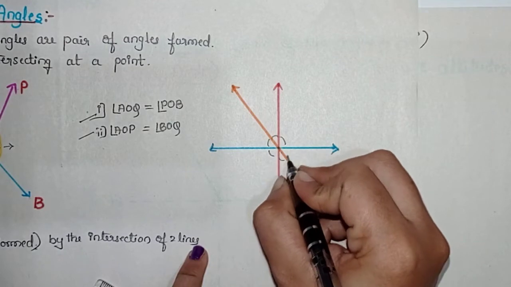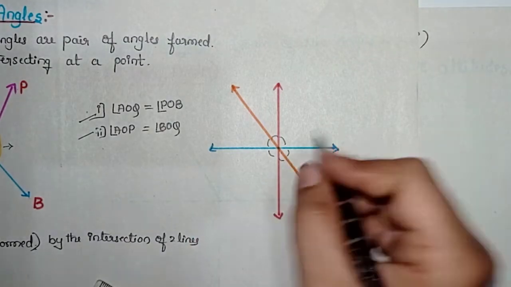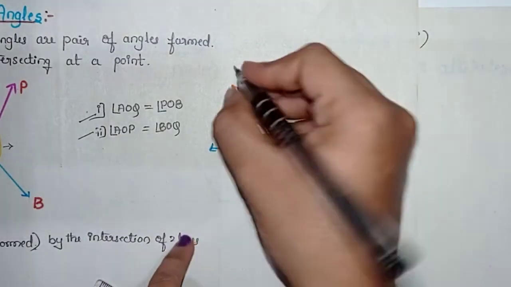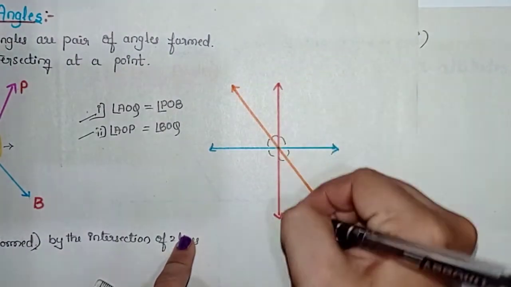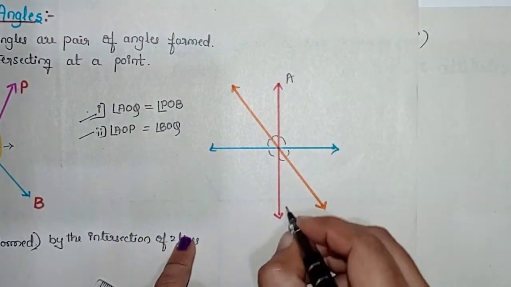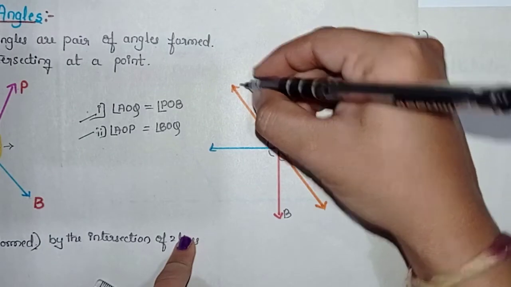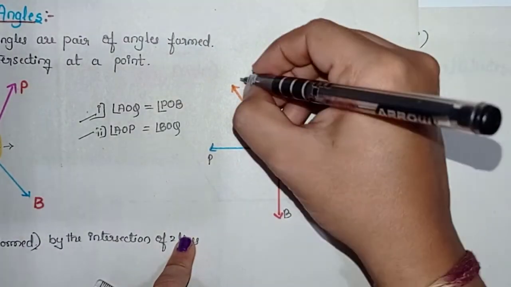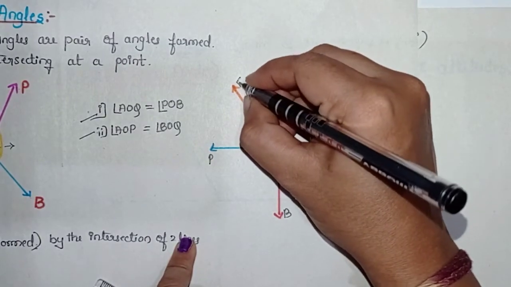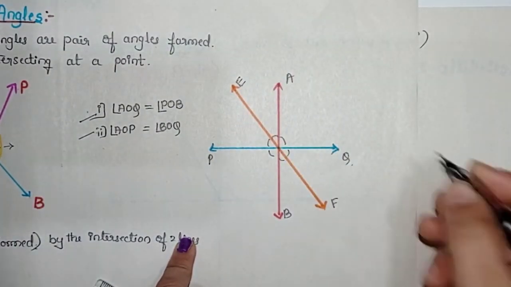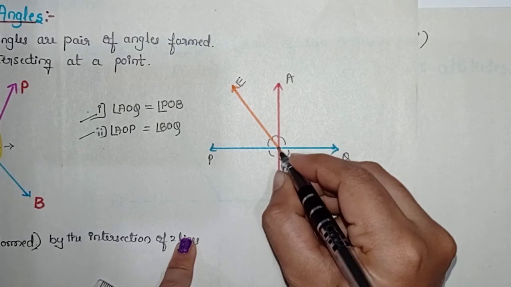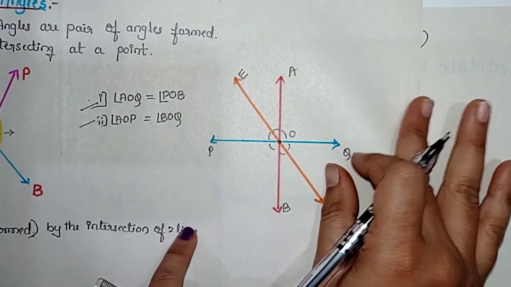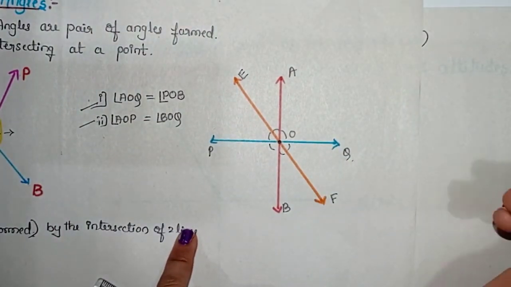There are totally 6 angles, and if we have 6 angles, how to name them? If I take this red color line as AB and the blue color line as PQ, and name this orange color line as EF, and take this intersection point as O, then how many pairs of vertically opposite angles do we get here?